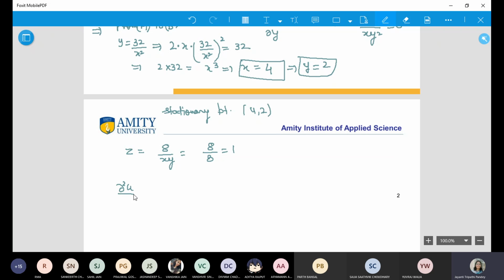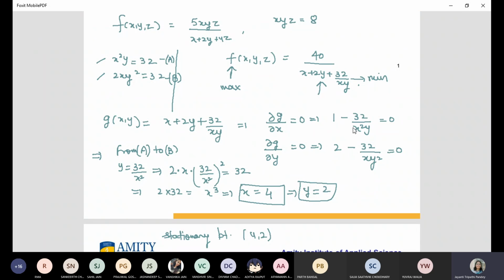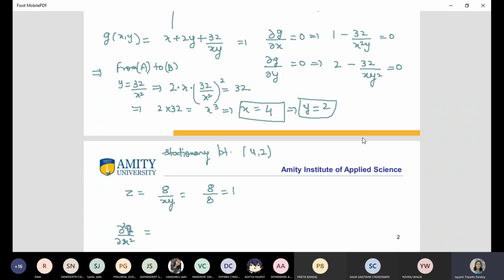What is del 2g upon del x square? Just see from here. This is your del g by del x. So del 2g by del x square is 32 into 2 upon x cube y.